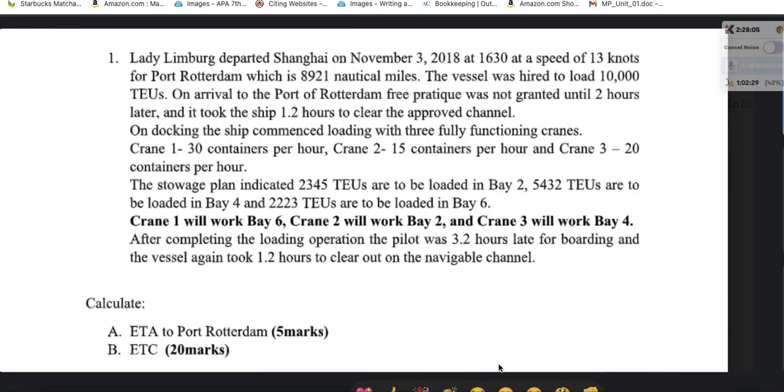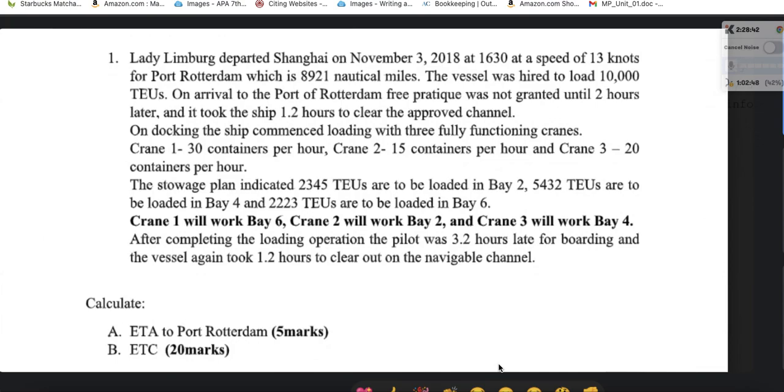Alright, so crane 1 will load 30 containers, TEUs, right? And it is working in Bay 6, and Bay 6 has 2,223 TEUs, and that is how you're going to write them.